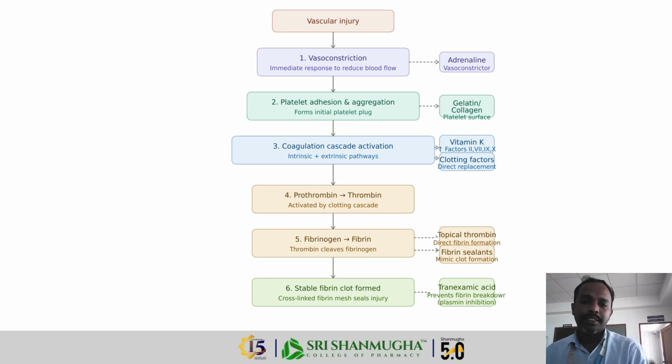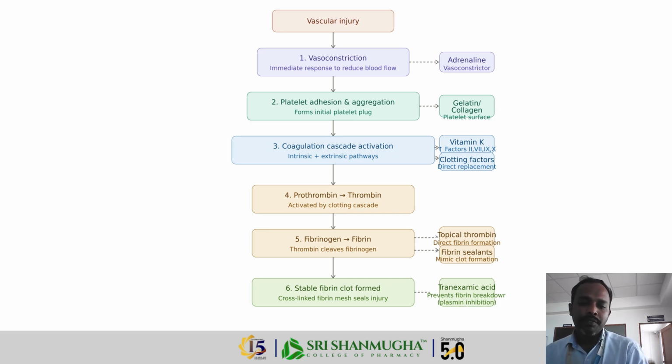Second is platelet adhesion or aggregation, which is the initial platelet plug formation, assisted by gelatin or collagen, taking place on the platelet surface. Next, we have coagulation cascade activation, which activates both intrinsic and extrinsic pathways. We have vitamin K and the clotting factors, direct replacement therapy, for this purpose. Next, the final steps are thrombin formation and fibrin formation. So finally, this clot will be formed.